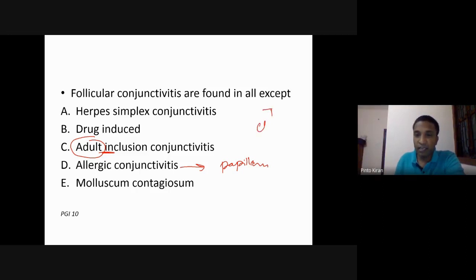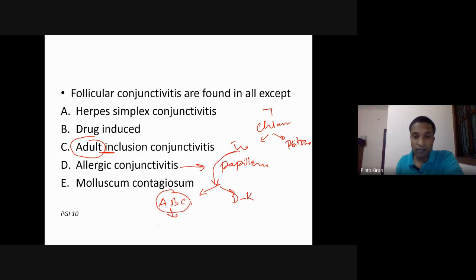Chlamydial infection is caused by Chlamydia trachomatis, and also by psittacosis. Chlamydia trachomatis has serotypes A, B, C, and then D to K. Serotypes A, B, C will cause a chronic conjunctivitis known as trachoma.